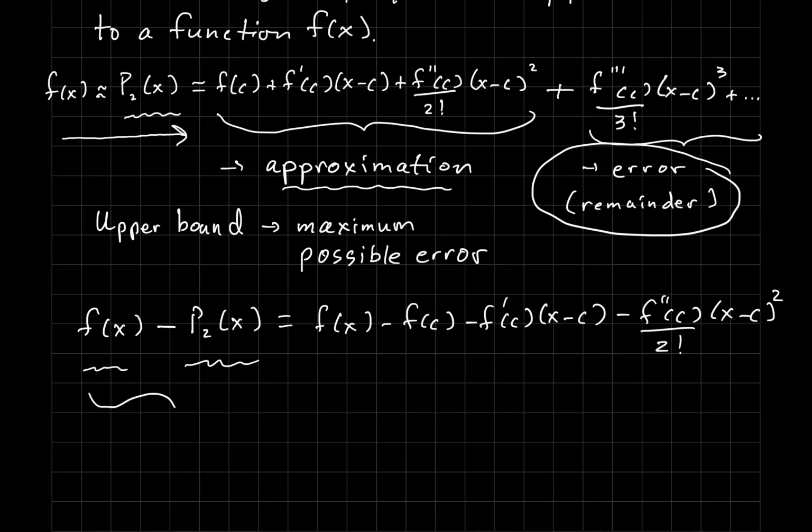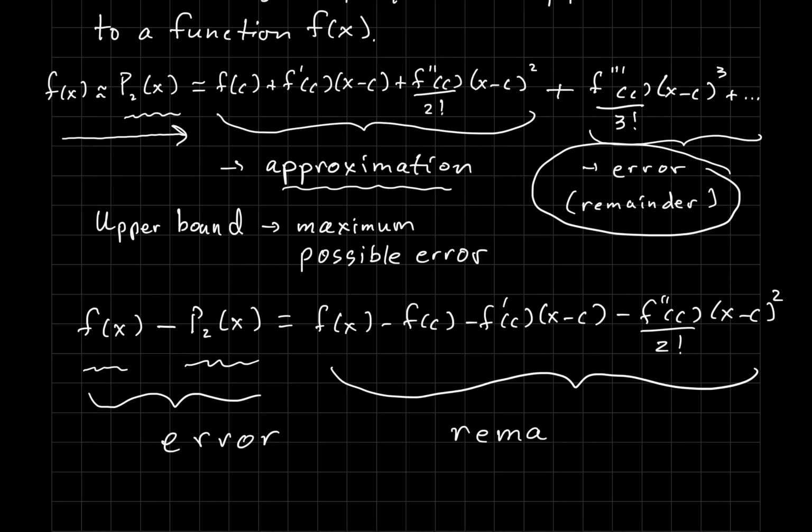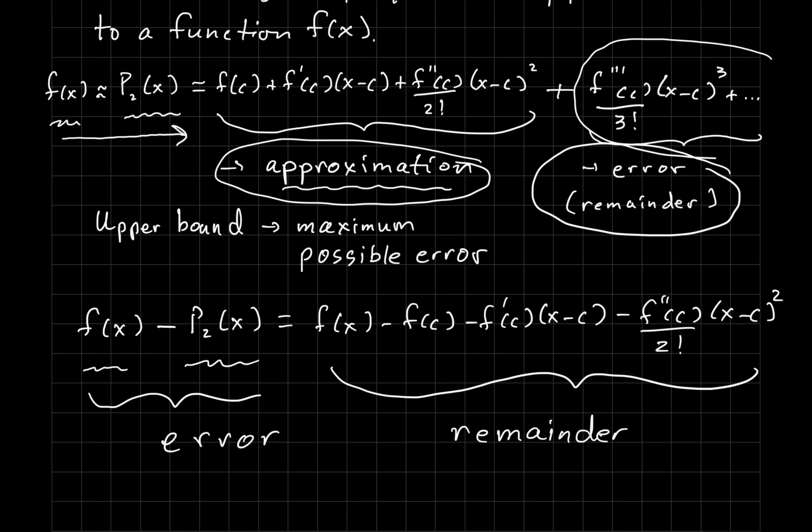So this, whenever you see it, is another way of writing the error, also known as the remainder. Again, taking my actual function value and subtracting off these terms gives me everything left over.